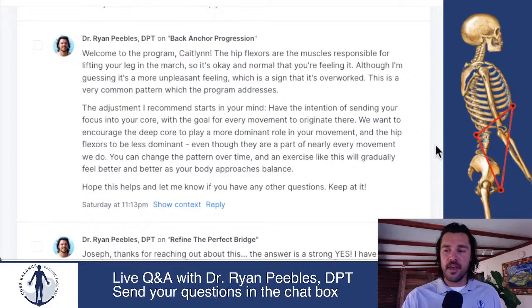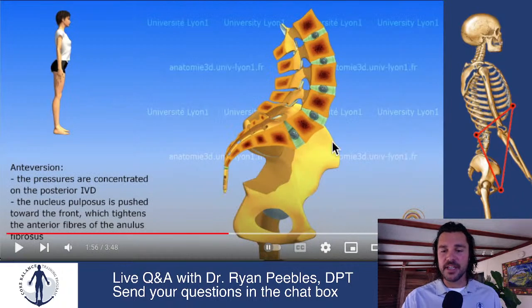If you look to the right of where my mouse is, the skeleton showing the 3 anchors, these are the foundations of the program.